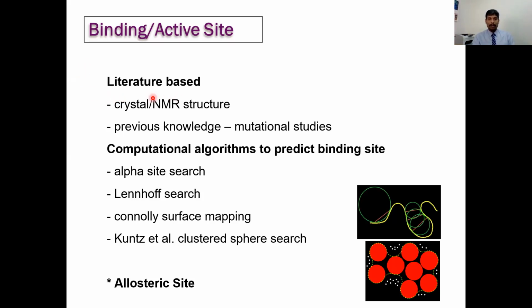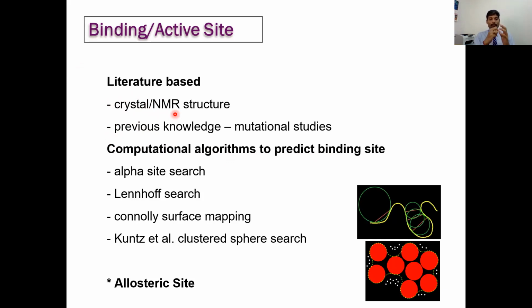That is literature based. There are two ways: literature based, or a computational algorithm to predict the binding site. Literature based means you already have a crystal structure with the protein and ligand together. That is what we had last week. The structure we downloaded from the PDB has not only the protein but also the ligand together.